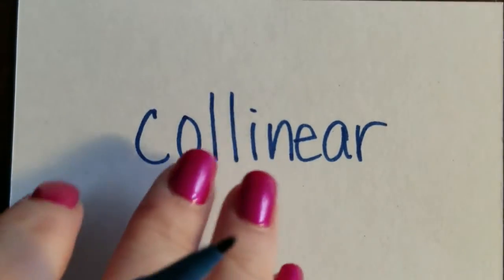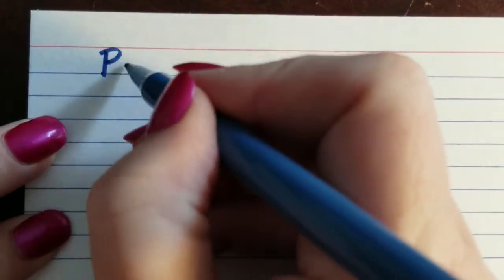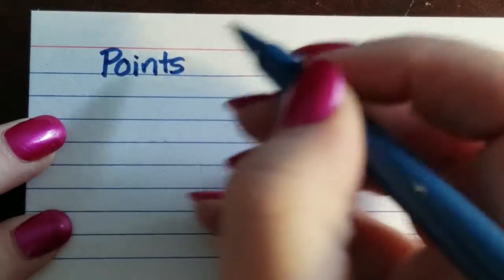The term collinear refers to points that are on the same line.